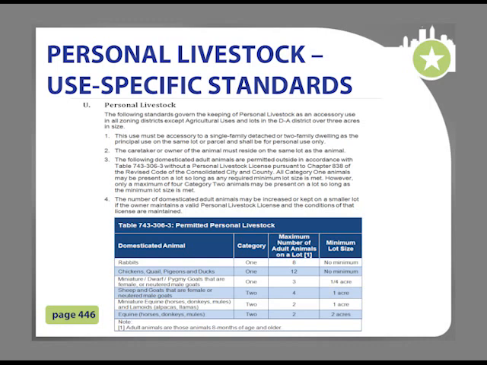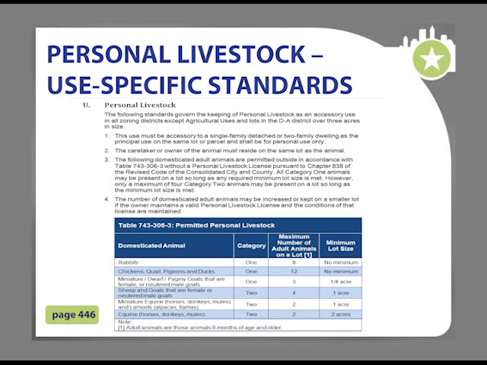We've indicated what's the maximum number of adult animals that are allowed, and for some types of animals, we've indicated a minimum lot size. You see that in Table 743-306-3. You'll note that we've limited, for example, chickens and quails, pigeons, and ducks.